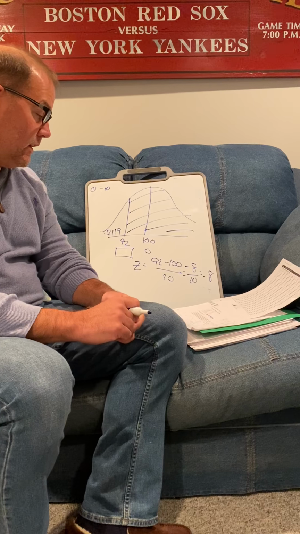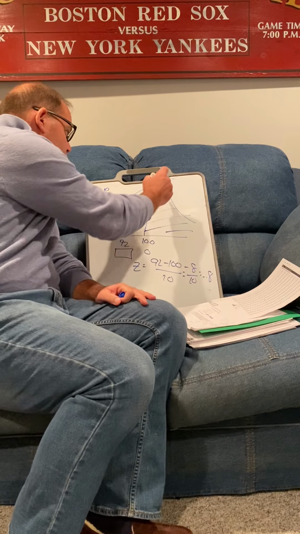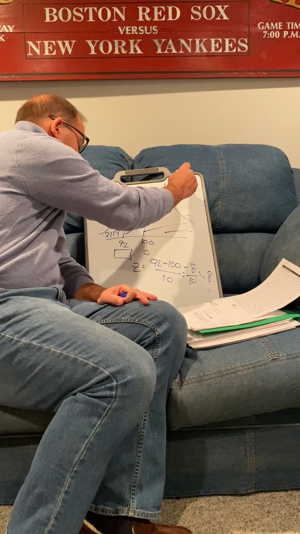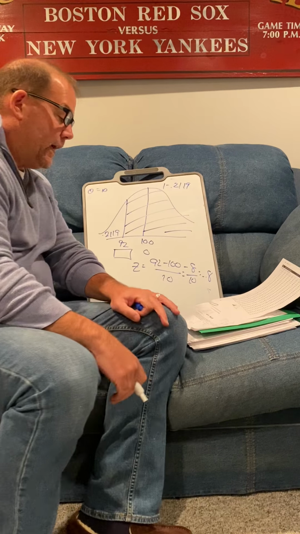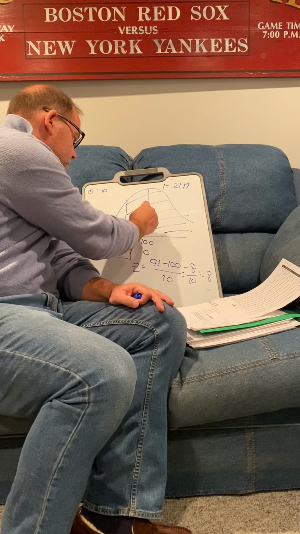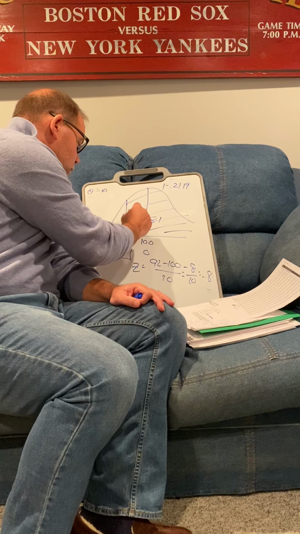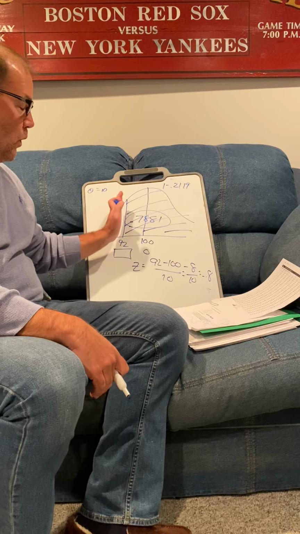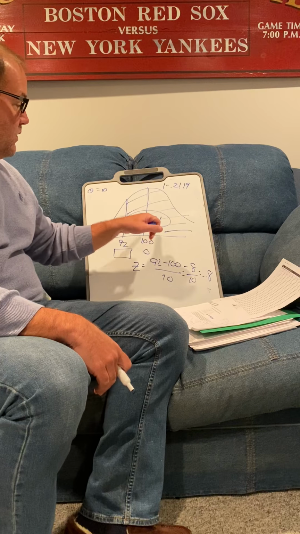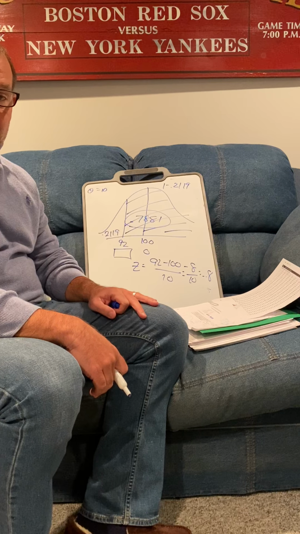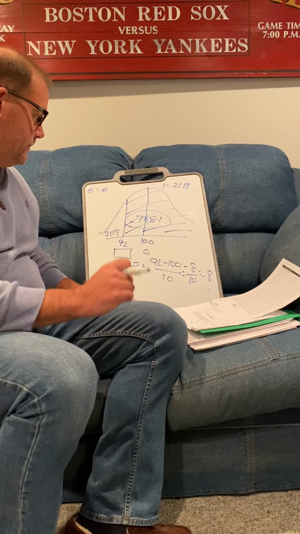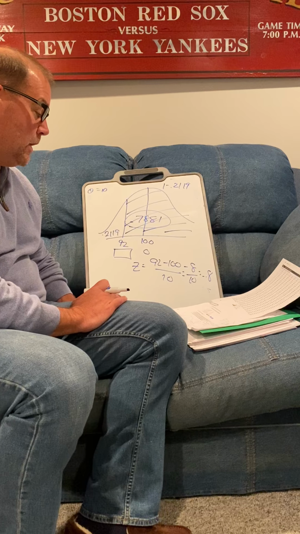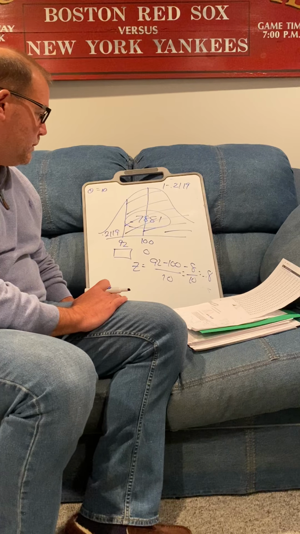We want to know greater than. So if we do 1 minus 0.2119, we're going to end up with an area of 0.7881. So the probability that you're going to score greater than 92 is very good. It's about a 78-79% chance.